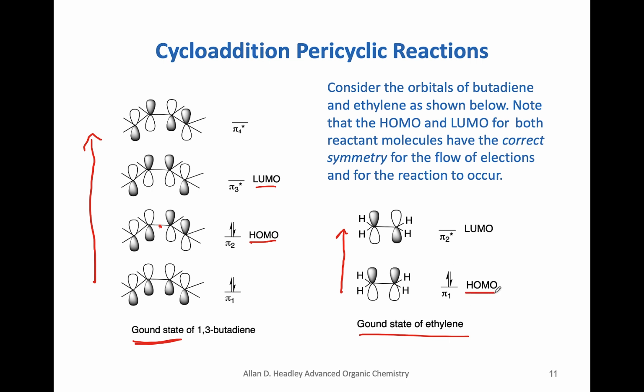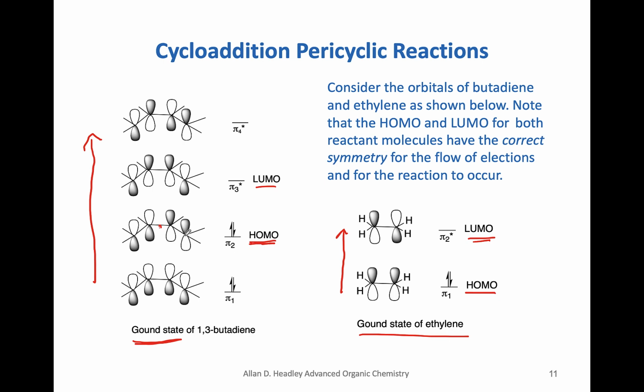This is the HOMO and this is the LUMO. So for this reaction to work, electrons must flow from the HOMO of one into the LUMO of the other, and, equally important, they must be phase allowed.